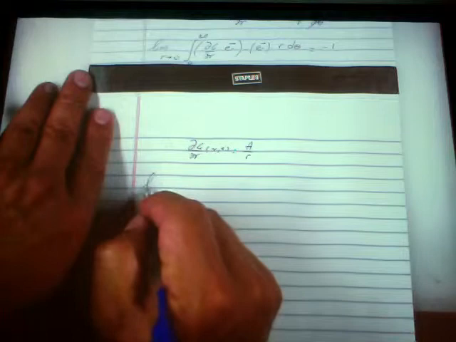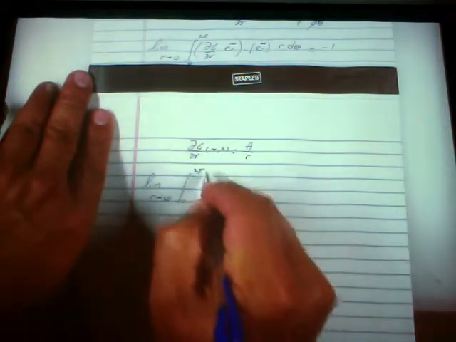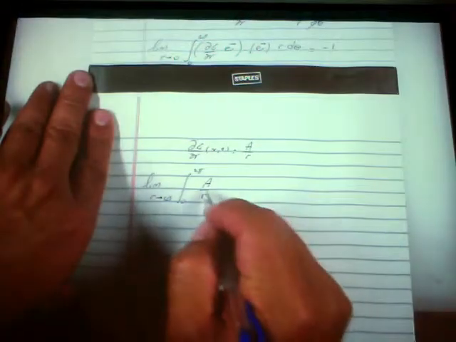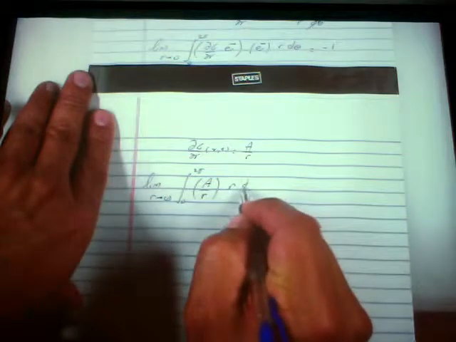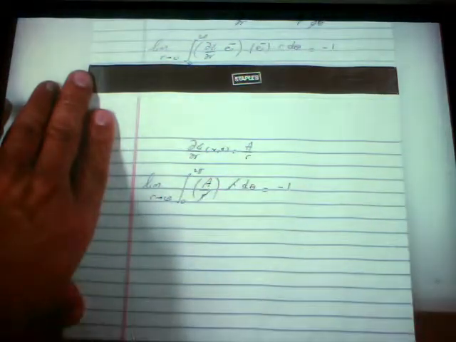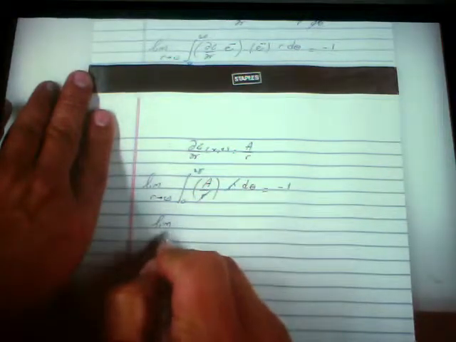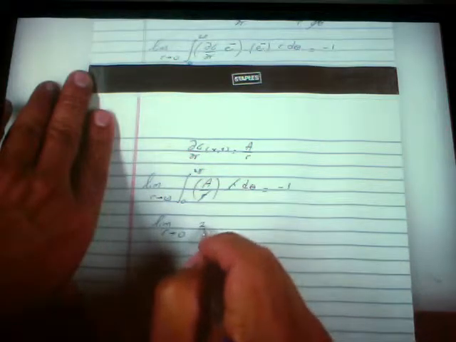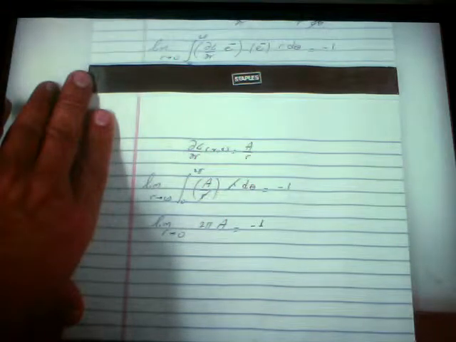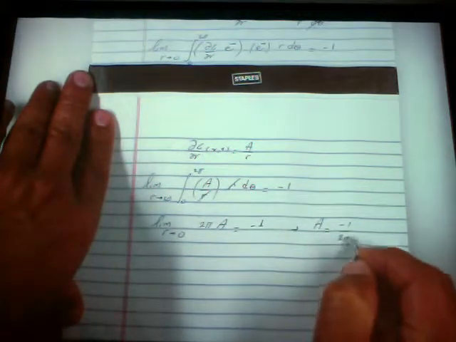This is the limit as r goes to 0 of the integral from 0 to 2 pi of a over r, times r d theta, is equal to minus 1. The r and the r cancel out, and what we end up with is the limit as r goes to 0 of 2 pi a is equal to minus 1. Now the limit goes away because there's no r, and simply a is equal to minus 1 over 2 pi.